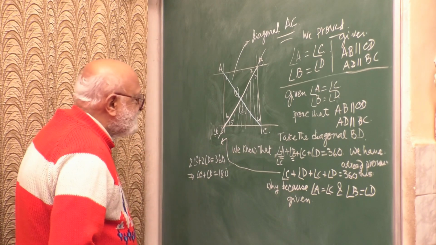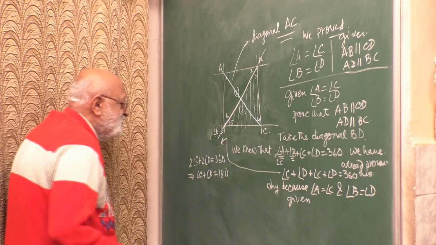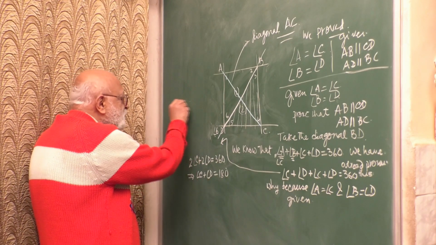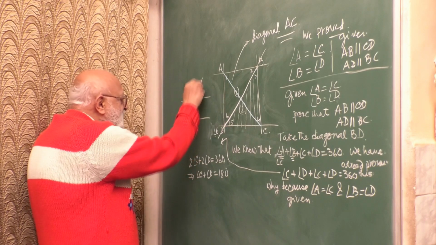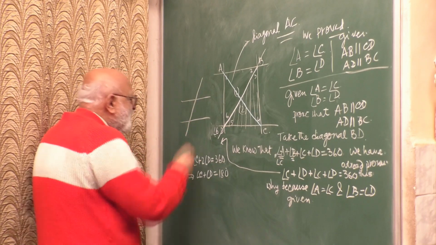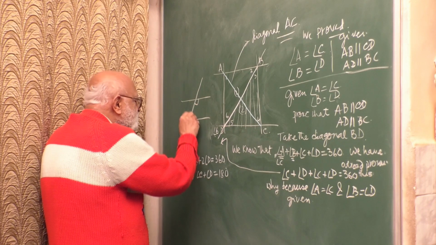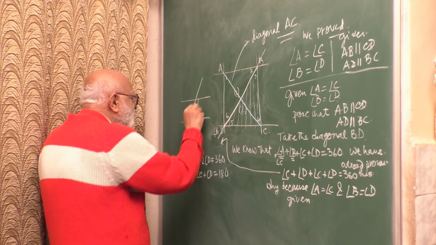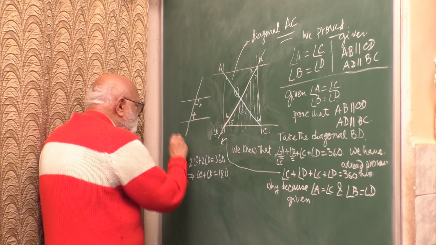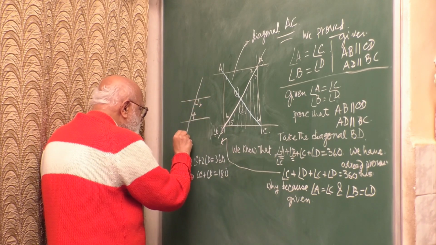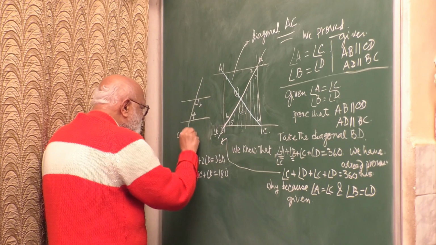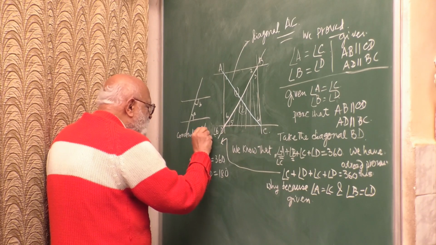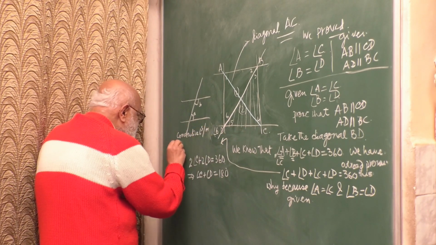Now recall what we have studied before. We have said that if you have two parallel lines, and if a transversal cuts it, and if you have these two consecutive angles, this A and B, these are called consecutive angles, or this is also called supplementary angles.